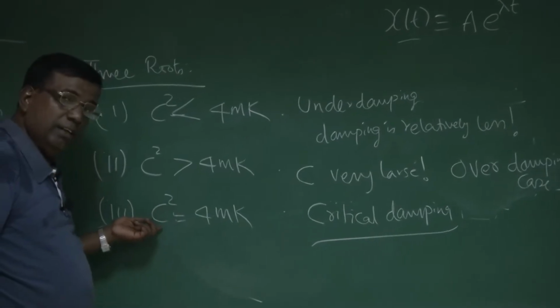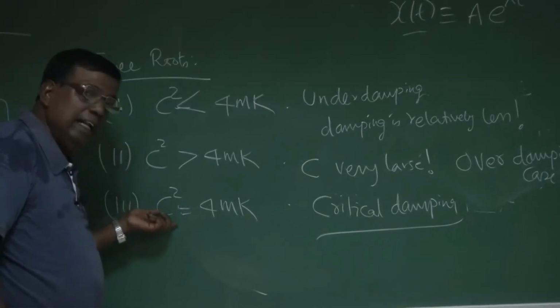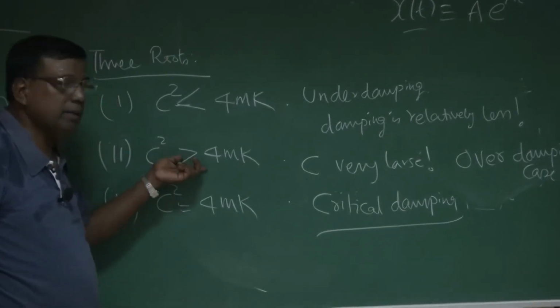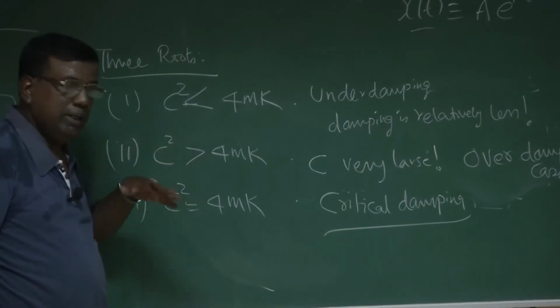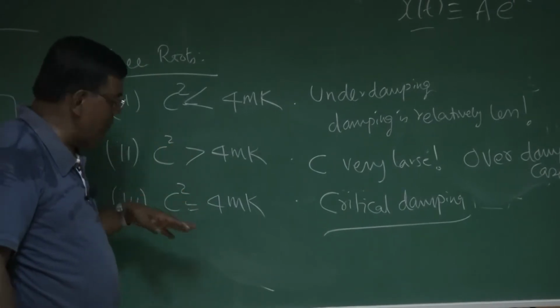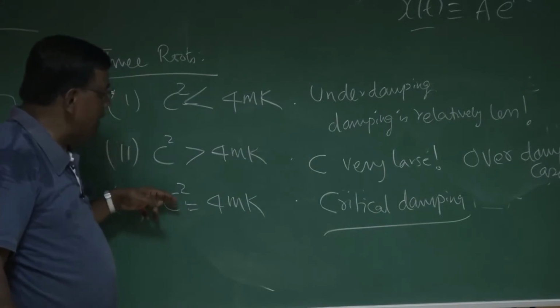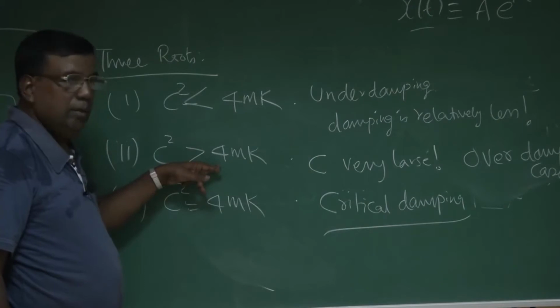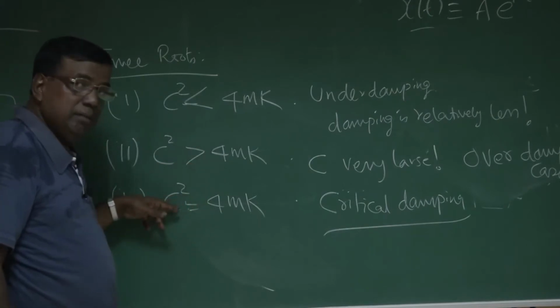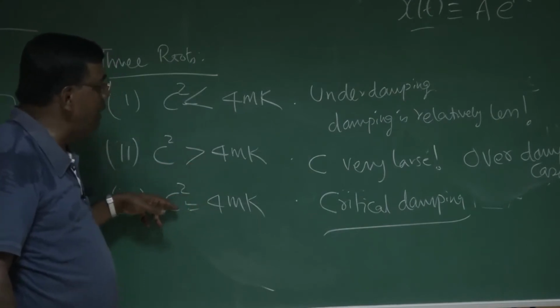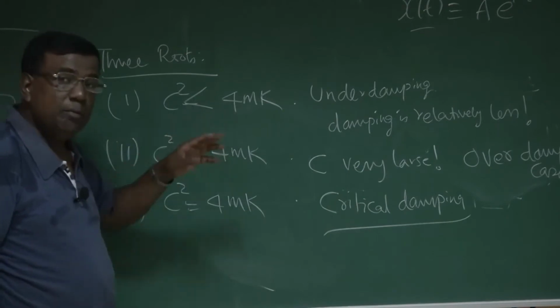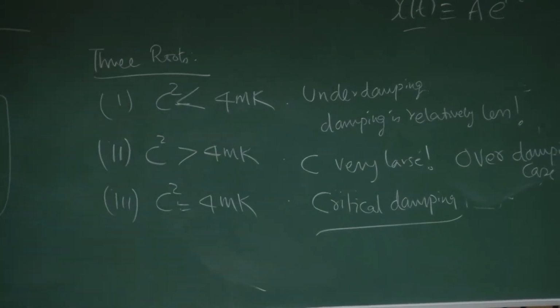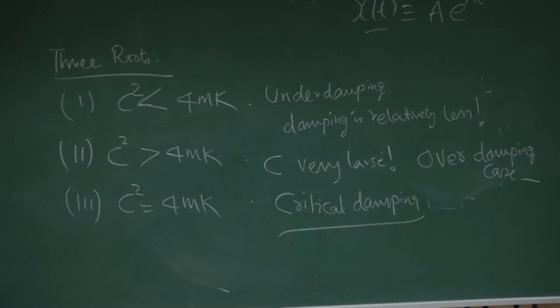If c of the system is more than the critical damping c, it will go to overdamped. Is this clear? I repeat, if the c of the system is more than the critical damping, then it is an overdamped case. If c of the system is less than the critical damping, then it is an underdamped case. This much engineering understanding you must have. Then naturally the question comes to your mind, what is critical damping? We'll discuss that. But mathematically, these three things should be clear.